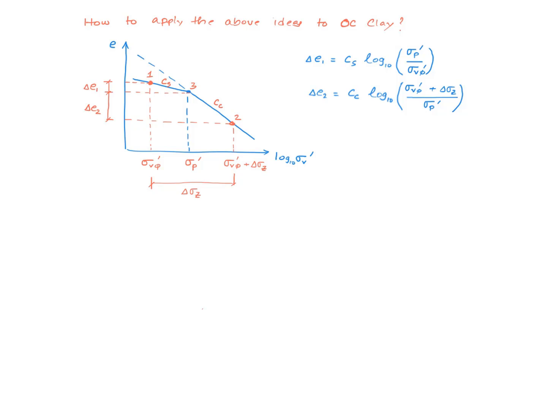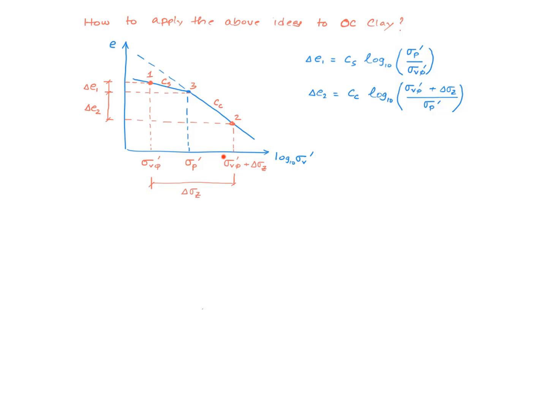So when you calculate delta e1, we are applying the equation between points 1 and 3, and the stresses at these points are sigma P prime and sigma V naught prime. So those are the stresses that come in this equation. Similarly, when we calculate delta e2, we are applying the equation between point 3 and point 2.